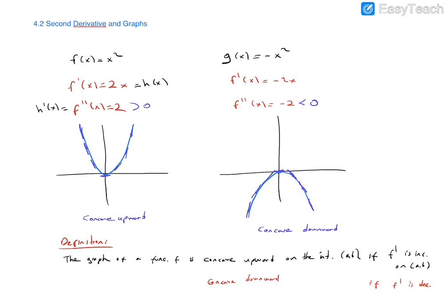When h prime is positive, which is the second derivative of f, h is increasing, so f is concave upward. When h prime is negative, which is the second derivative of f, f is concave downward.